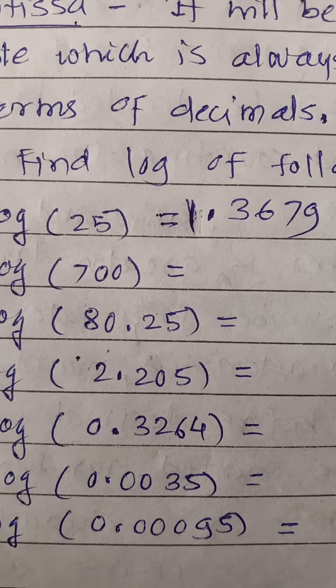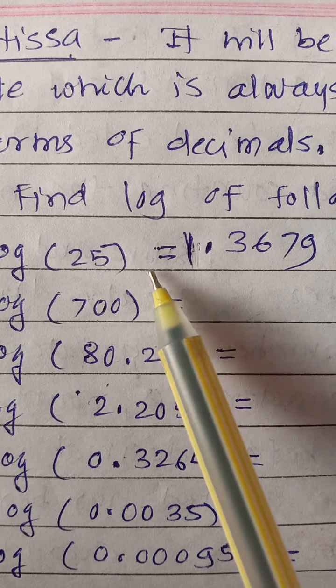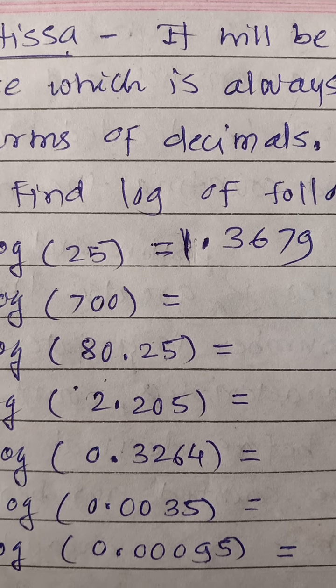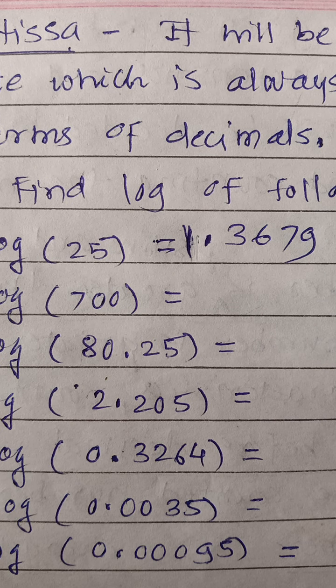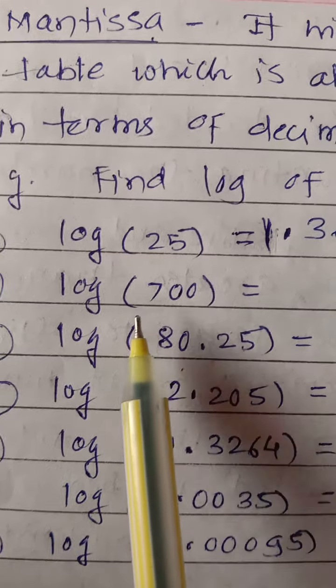Therefore, 1.3679, this characteristic as well as mantissa, is the log of 25. Log of 25 will be equal to 1.3679.